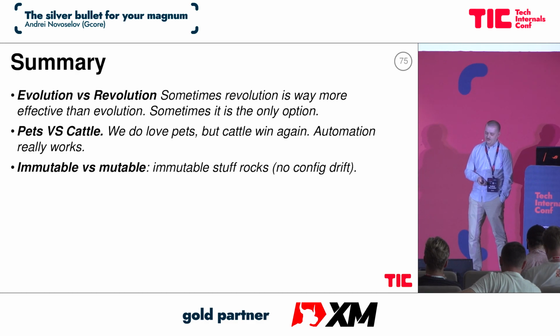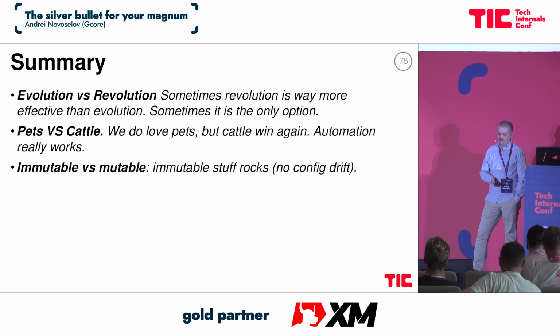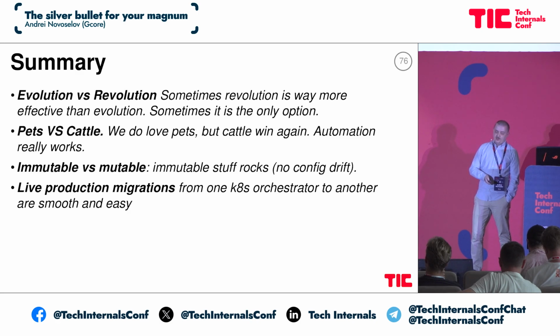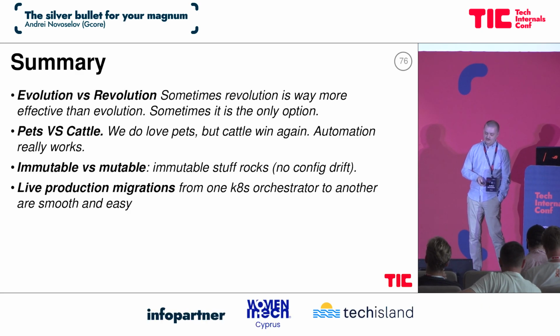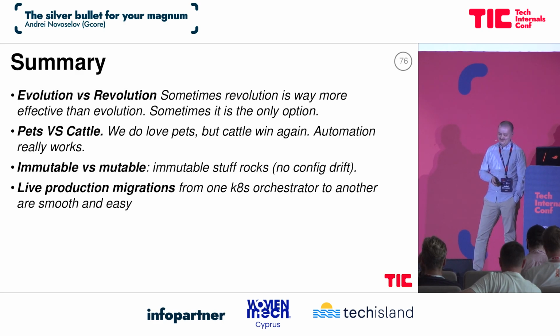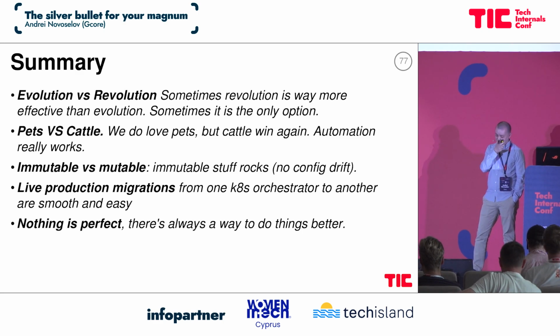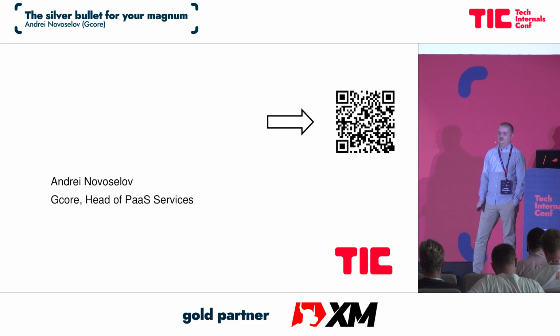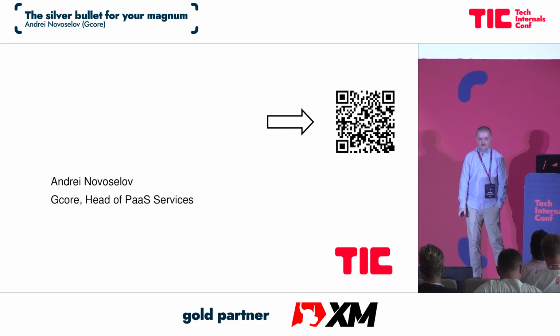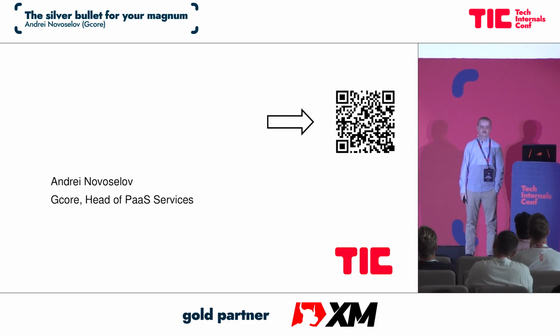Mutable is not working. Configuration drift is horrible. And live production migrations are really smooth and easy. And nothing is perfect. There's always a way to do things better. And that's it. Thank you for listening to me, and any questions?